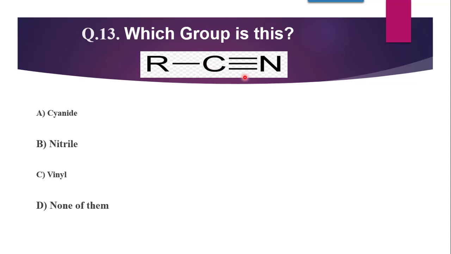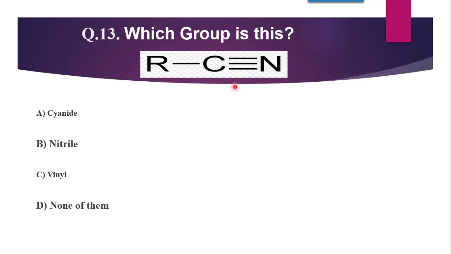Nitrile contains cyanide as a functional group, whereas cyanide is itself a functional group. So when only CN is there, it is cyanide. When cyanide is there in a particular compound, as you can see here, RCN, which contains cyanide as a functional group, it is nitrile. For example, CH3CN can be named methyl cyanide.